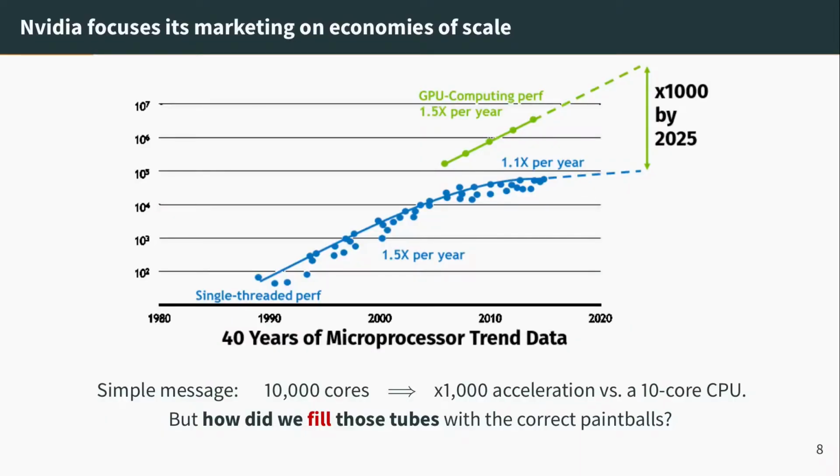The message is that with a GPU, you buy 10,000 cores for something like 1,000 euros. And since a typical CPU contains just 10 cores, you'd expect a speed up by 2-3 orders of magnitude.